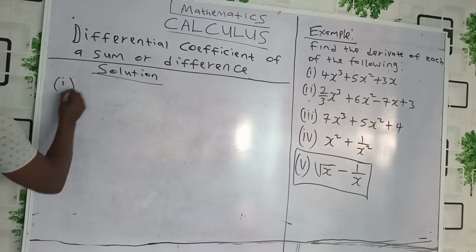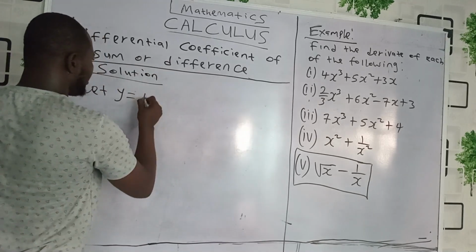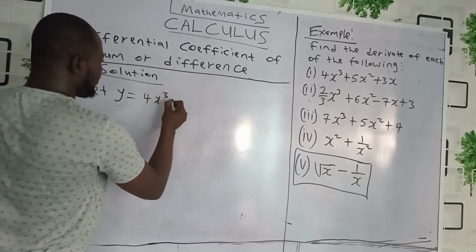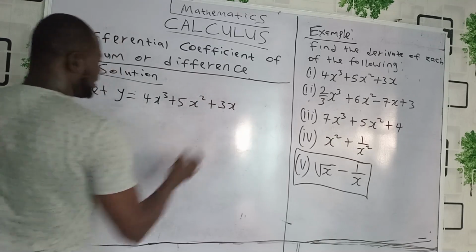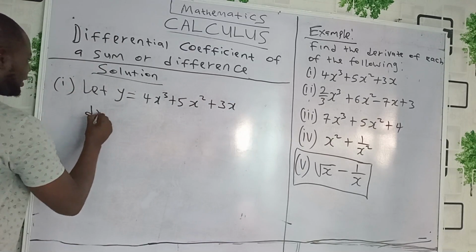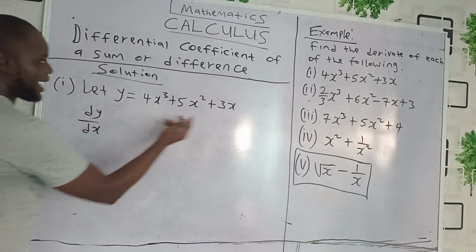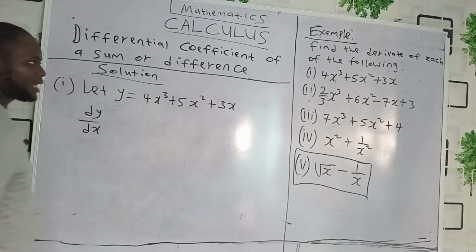Roman figure 1. As usual, let y be that function, 4x raised to the power of 3 plus 5x raised to the power of 2 plus 3x. Then what are we going to do? Can you see, I have 3 terms here. This one is one term, this one is one term, this one is another term. Are you with me?